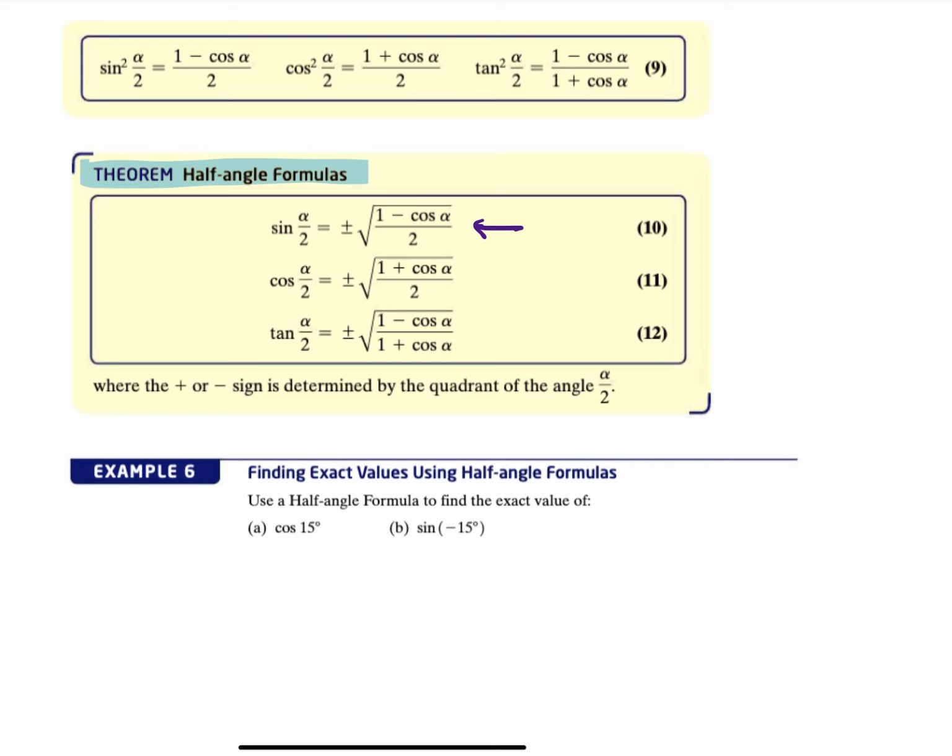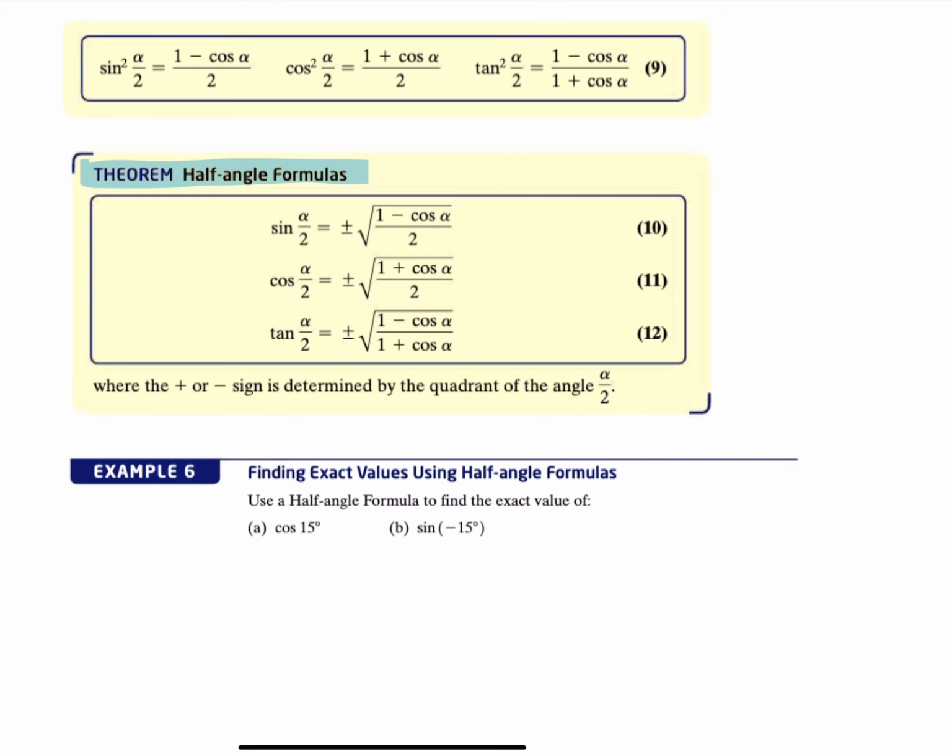Then for the cosine half angle, plus or minus the square root of (1 plus the cosine of alpha) over 2. And for the tangent of alpha over 2, plus or minus the square root of (1 minus cosine alpha) over (1 plus cosine alpha). And I make that note here, where the plus or minus is determined by the quadrant of that half angle.